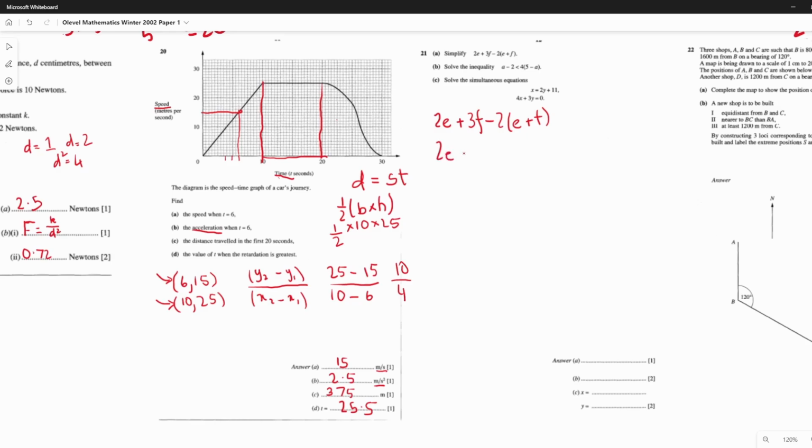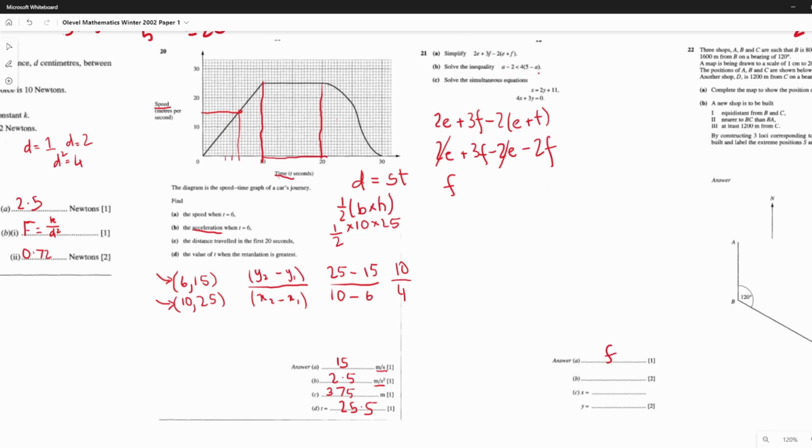So that would be 2e plus 3f minus 2e and then minus f. These two cancel each other out, and then 3f minus f is simply just 2f. So that is the simplification.